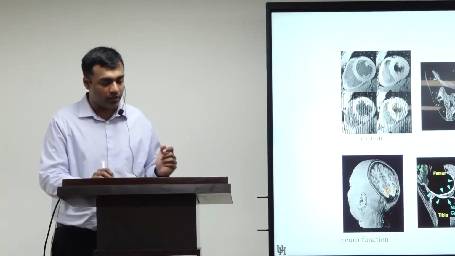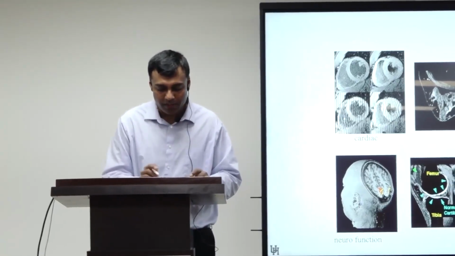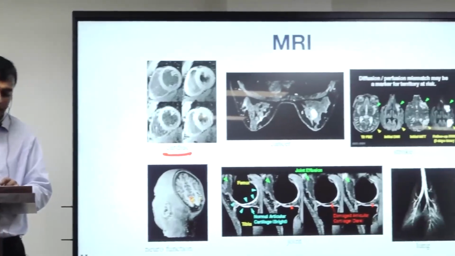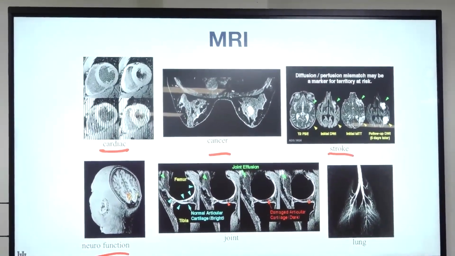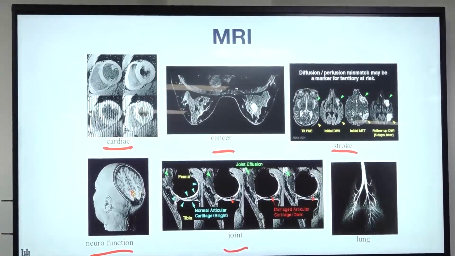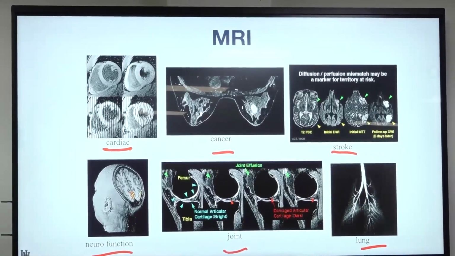So MRI is used in a lot of places. For example, to measure the heart, for cancer, for strokes, for the brain, for different joints, lungs, and so on. It's quite expensive.